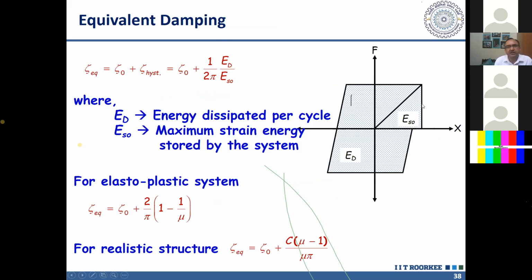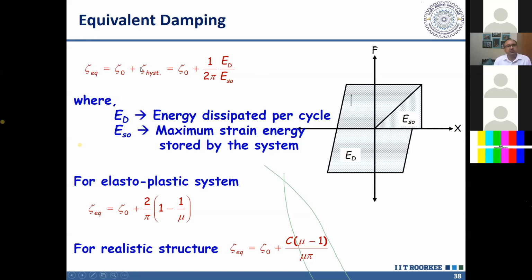And ES0 is the strain energy stored under maximum displacement. So if I join the maximum displacement with the origin, the area of this triangle gives me the ES0, and the area of this parallelogram gives me ED. So using this formula, I can calculate the equivalent damping.